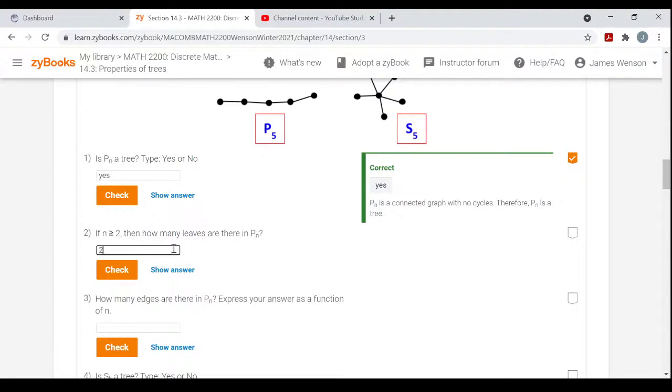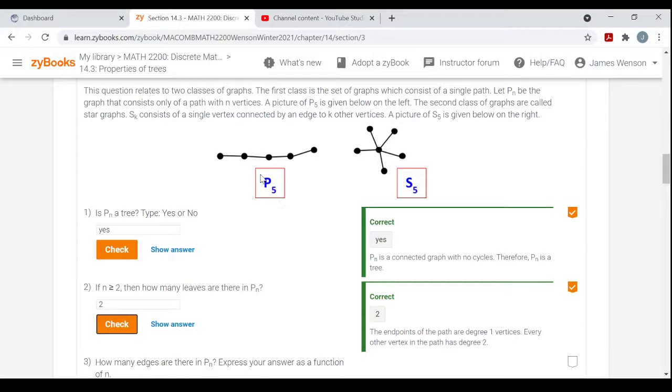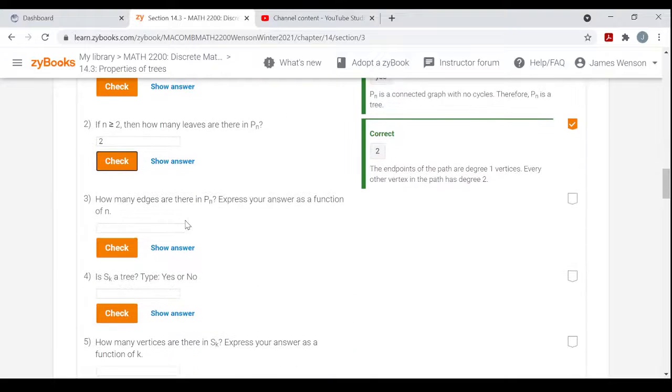So two leaves in Pn. How many edges are there in Pn? Well, P5 has 4 edges. And you can probably guess, P6 would have 5 edges. In general, Pn is going to have n minus 1 edges.